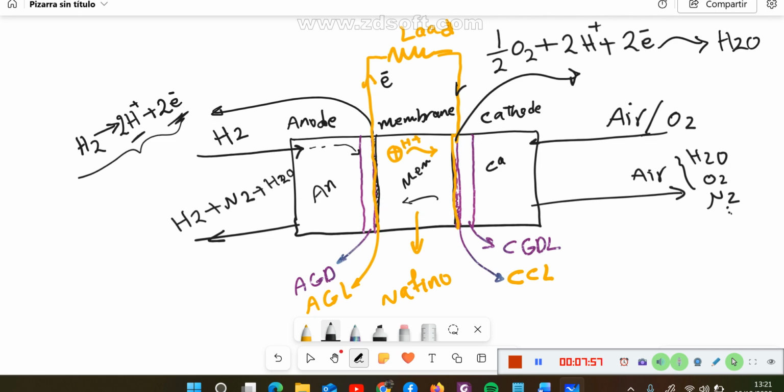So this reaction is exothermic, and we have heat as well as a byproduct. So on the cathode side, finally we have pure water and generated heat.